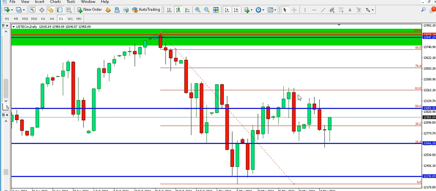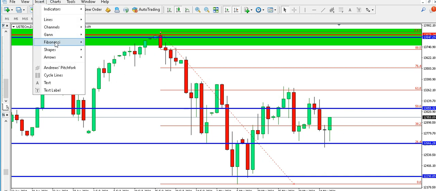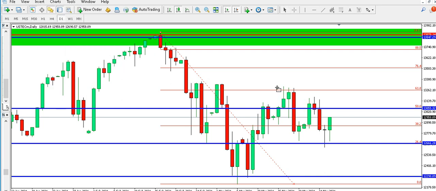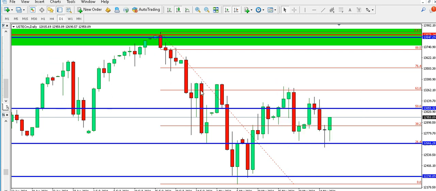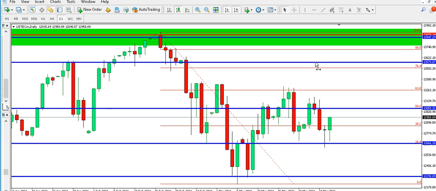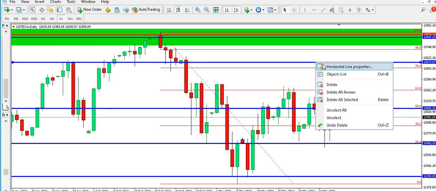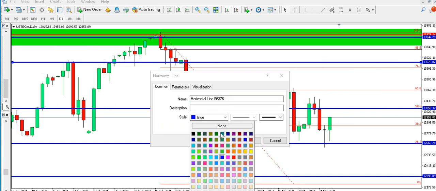We have a range around here. But let's see. Let's plot out our support and resistance zones. Now we're going to plot it out with green lines for the daily.